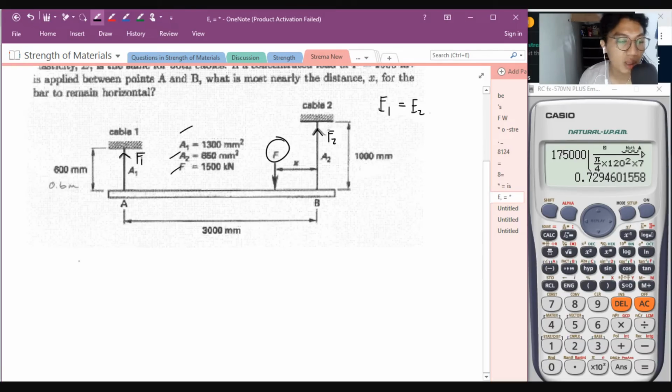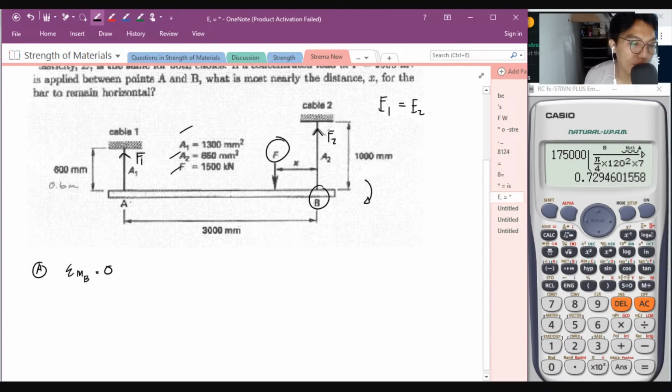Okay, number 1. Ang gagawin ko dito, mag-summation of moments ako. At what? Pwedeng A, pwedeng B, pero I'd do it at B. So, equal to 0. Positive yung clockwise or counterclockwise, bahala dyan. Positive natin yung ganun. So, ano yung mga magpapass through dyan?